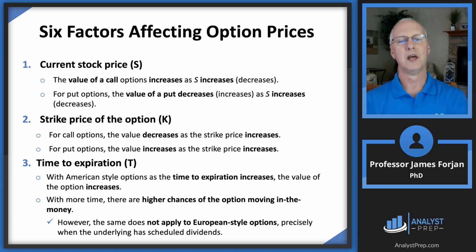For put options, the value increases as the exercise price increases, and that should make perfect sense for the put option as well. If you go in there and say, hey, I want the right but not the obligation to sell at, let's say, $5,000 when the stock is trading at 100, well, then the financial institution is going to say, wow, you want the right to sell at these thousands of dollars when the stock is only trading at 100. Boy, you better pay us a lot of money today.